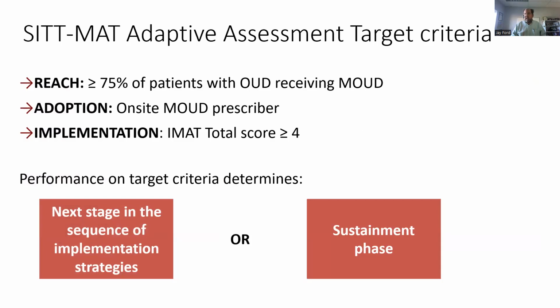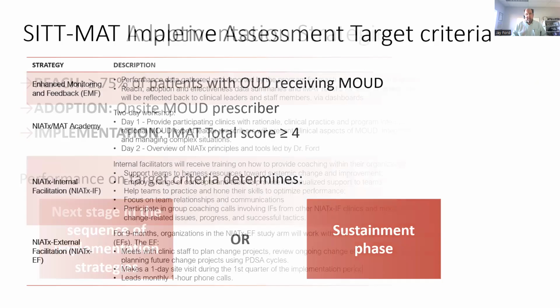There's an on-site or affiliated prescriber. And then they have an IMAT, which is a score of integrated medication capacity, of 4 or greater. And again, as I mentioned earlier, those system changes can really drive some of these measures, especially with the removal of the buprenorphine X waiver.